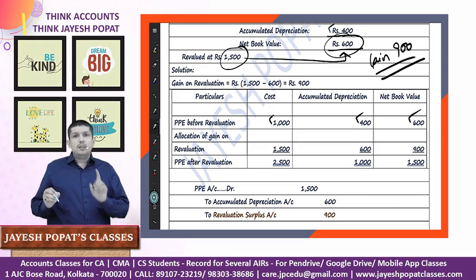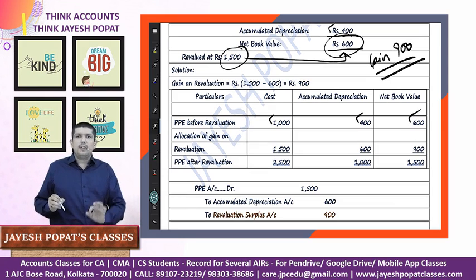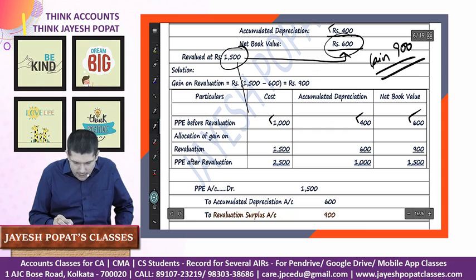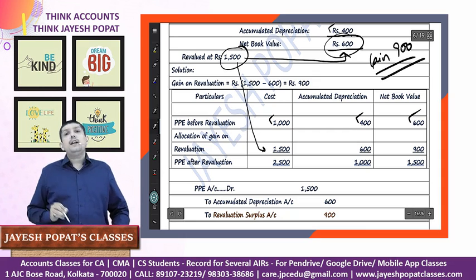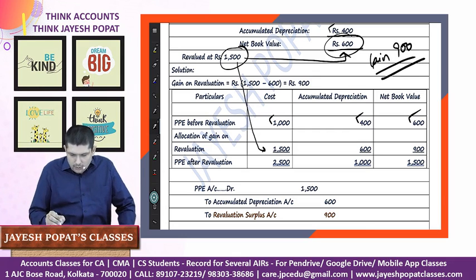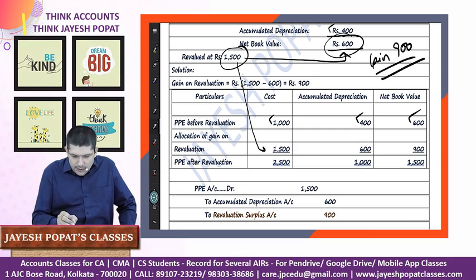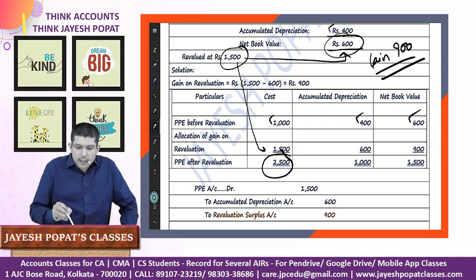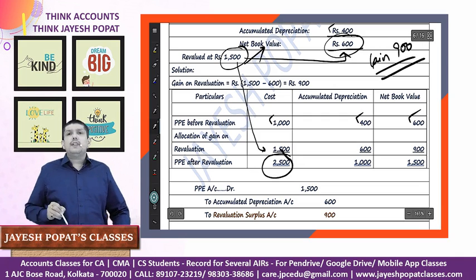In the first method, listen to this very carefully. You will add the revalued amount to the cost. So now 1000 was the cost, 1500 is the revalued amount. PPE after revaluation will become 2500, but your net book value has to be 1500.